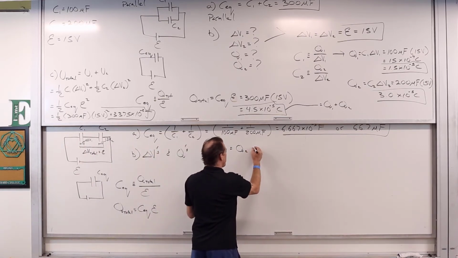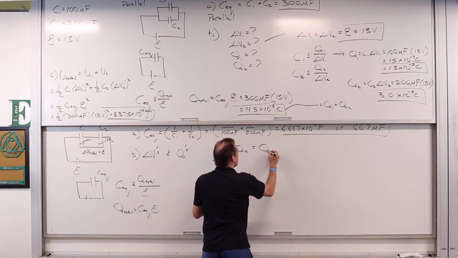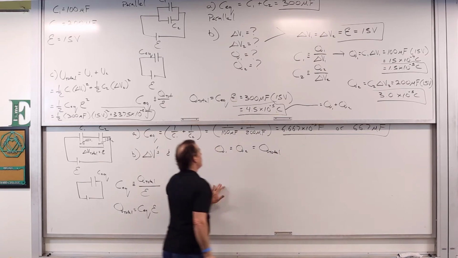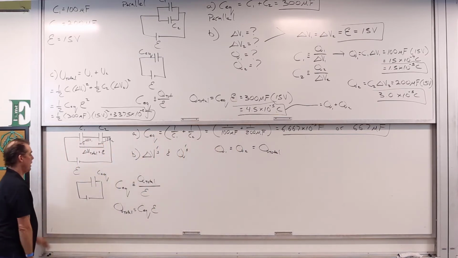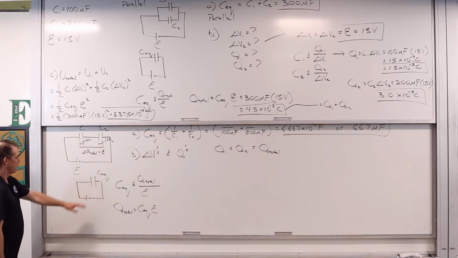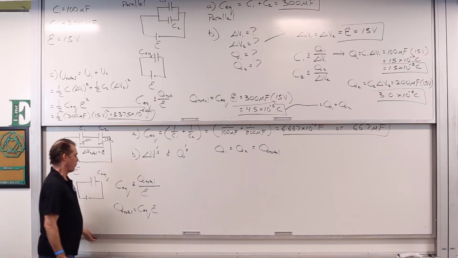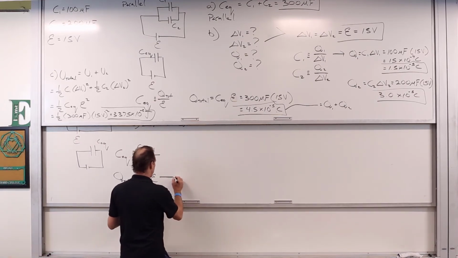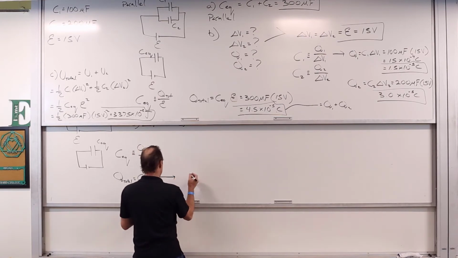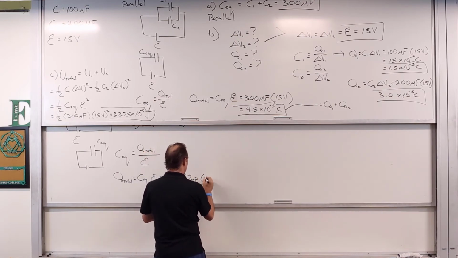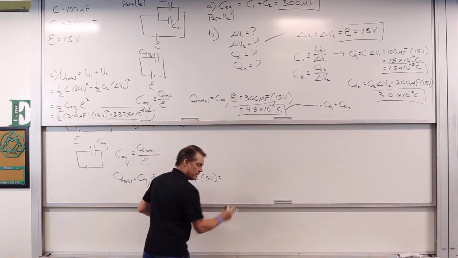So, as we looked at before, Q1 has to be equal to Q2 and traces back to the equivalent system itself, and thus is equal to Q total. So what's Q total? That is just going to be, once again, our 66.7 microfarads multiplied by 15 volts.